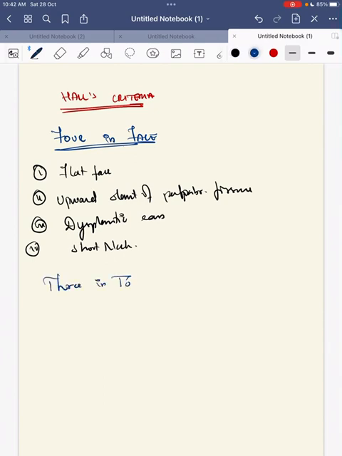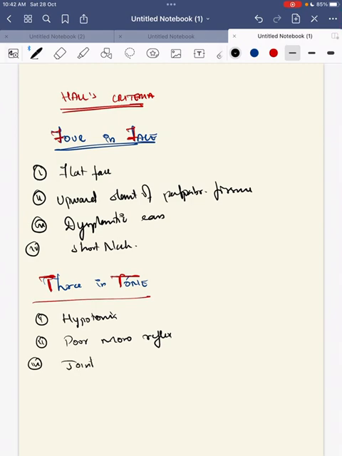Okay. Next, 3 in tone. So this is F, 4 in face, 3 T, 3 in tone. One is hypotonia. Second is in a newborn baby, you will elicit a poor Moro reflex. Third is joint hyperflexibility. Okay, this is 3 in tone.